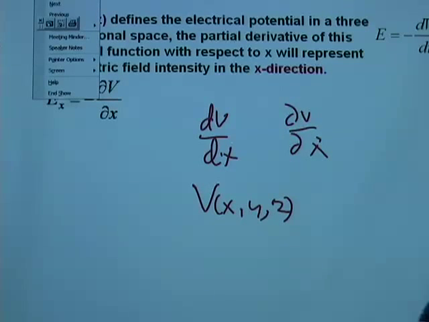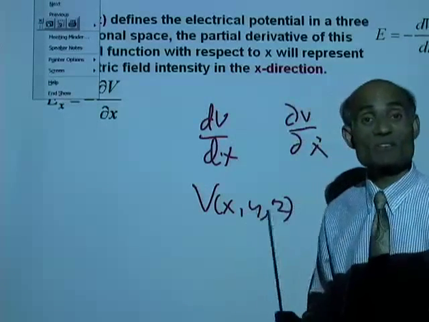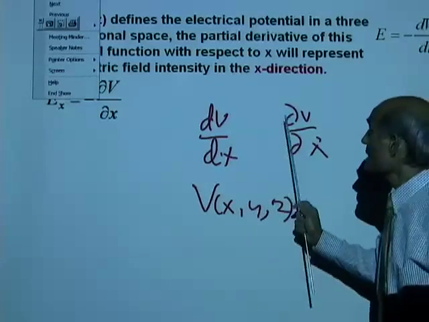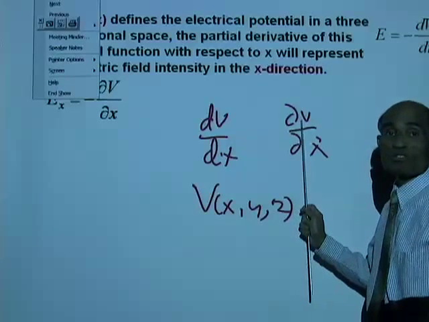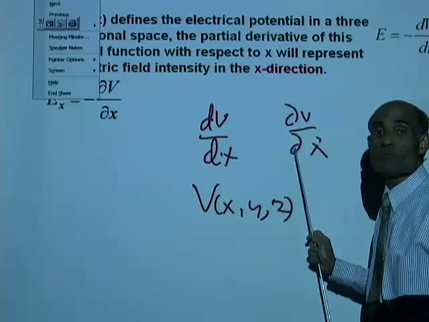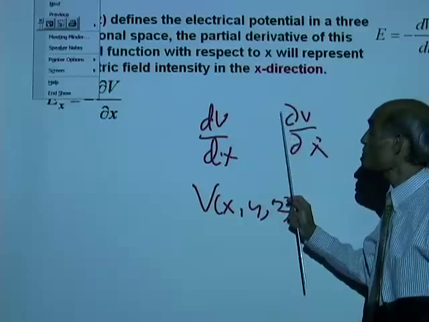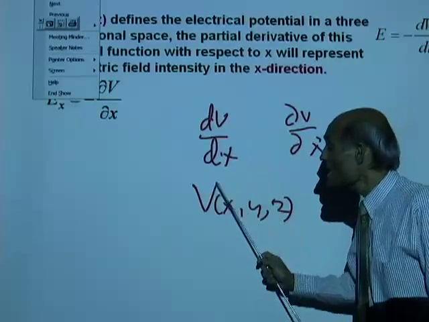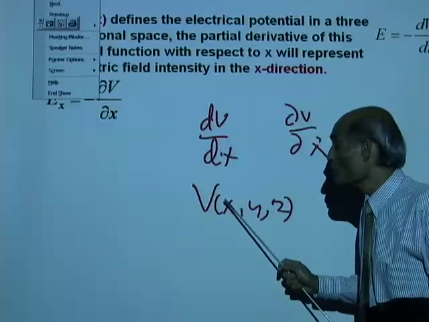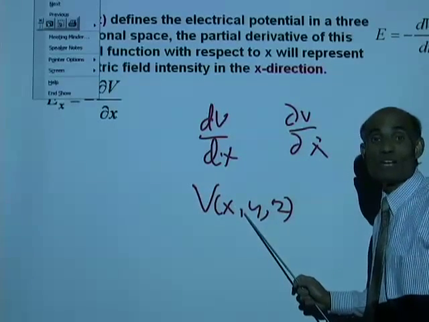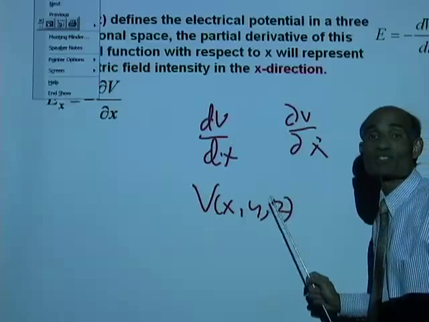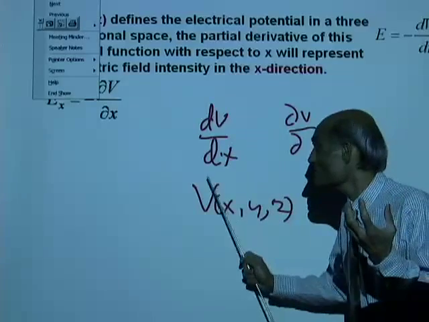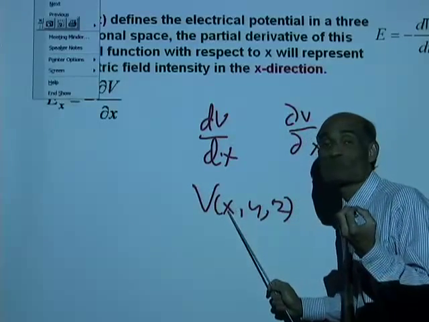Potential at a point in an electric field is a function of x, y, and z. You read this quantity as del V by del x. And what does this quantity represent? This represents the rate of change of potential with respect to x when y and z are considered to be constant. It is called the partial derivative of V with respect to x.